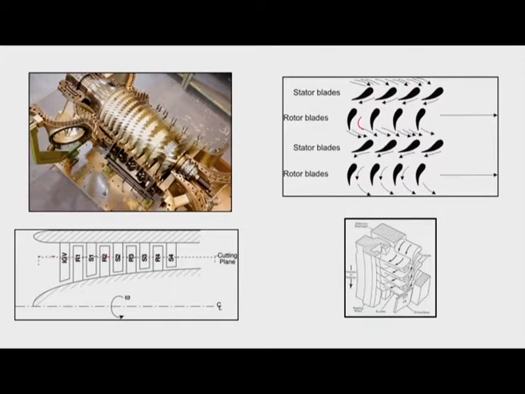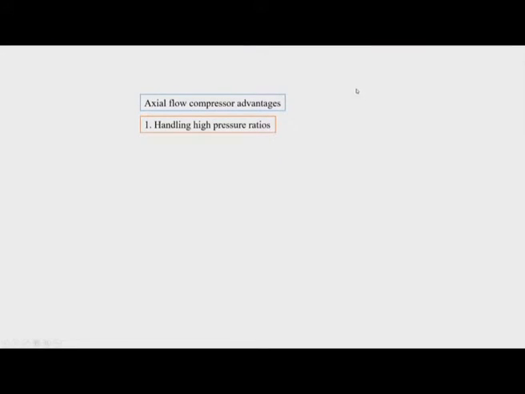The axial flow compressor generally is used for various advantages, and those advantages include that it can handle very high pressure ratios. However, it does not handle the high pressure ratio in a single stage, but the overall pressure ratio required for high power generation in the case of electricity generation, or maybe higher thrust requirement in the case of aircraft propulsion.